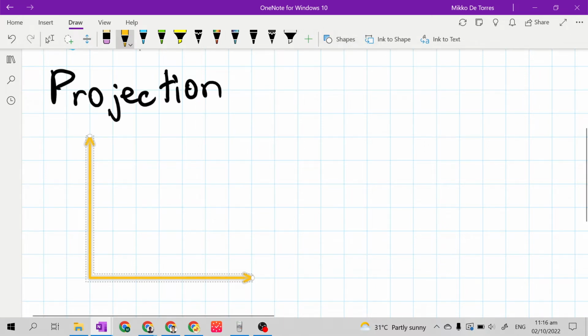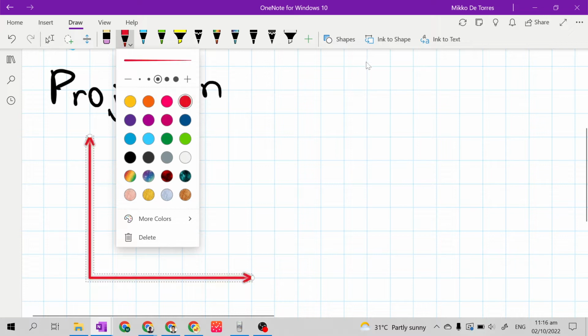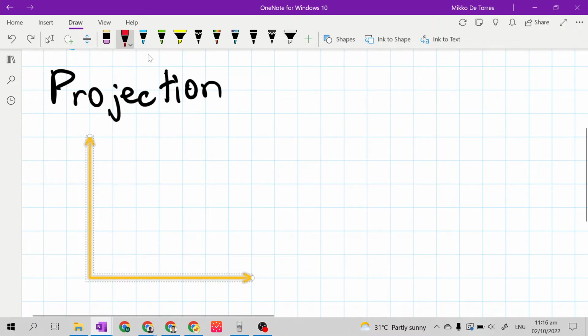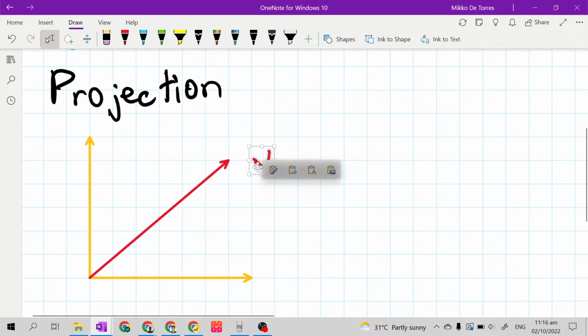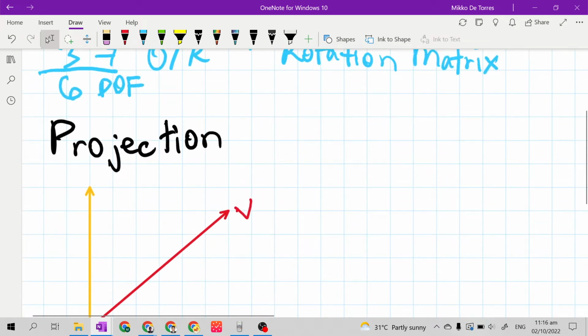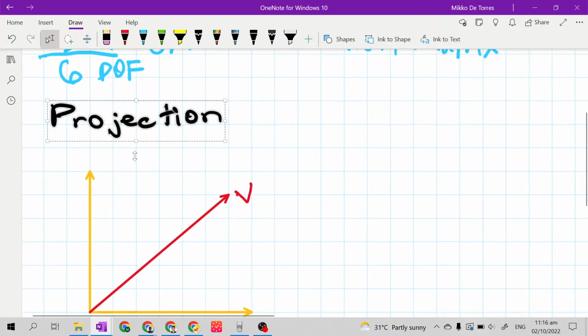Inside this coordinate system is a red vector arrow that we will name V. This V vector has no description yet, so we will describe it using the principle of projection.